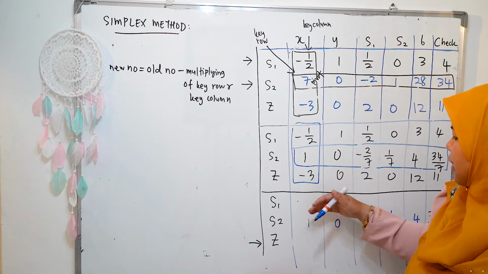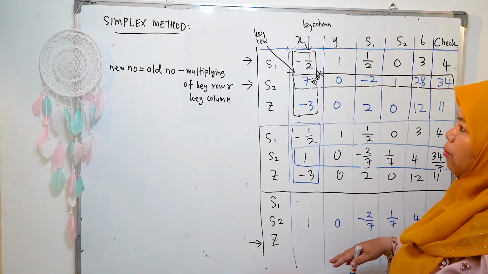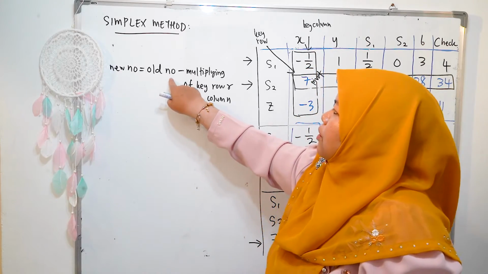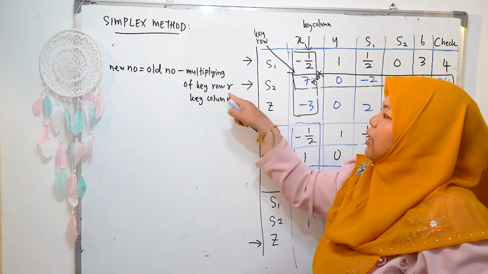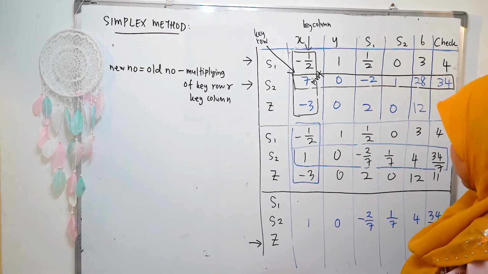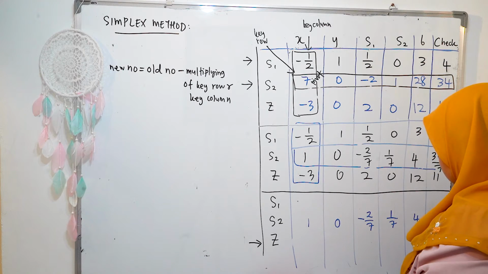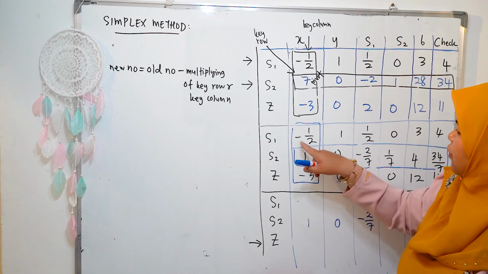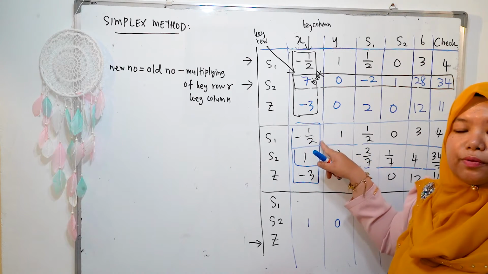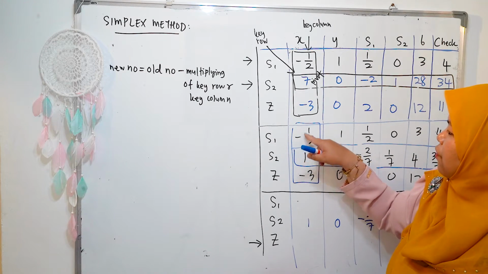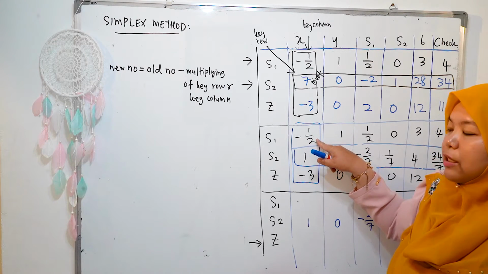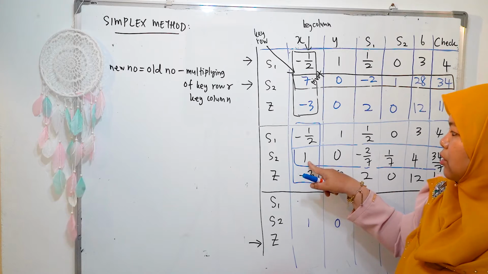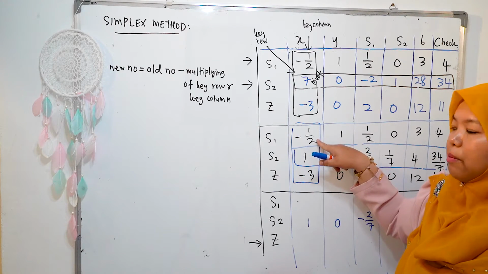Okay, for the next elements, we apply this method: new number equals old number minus the product of the key row and key column. So for negative 1 over 2: negative 1 over 2 times key row, which is 1, times key column, the number is 7.